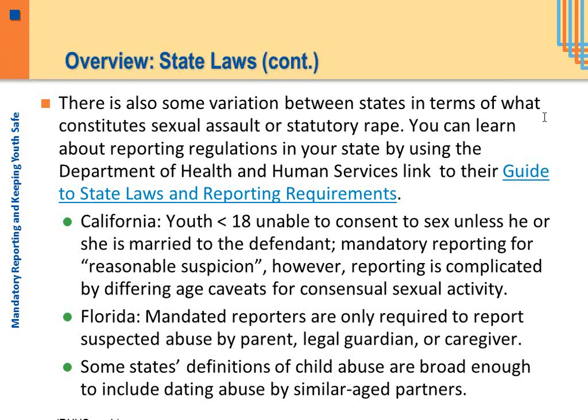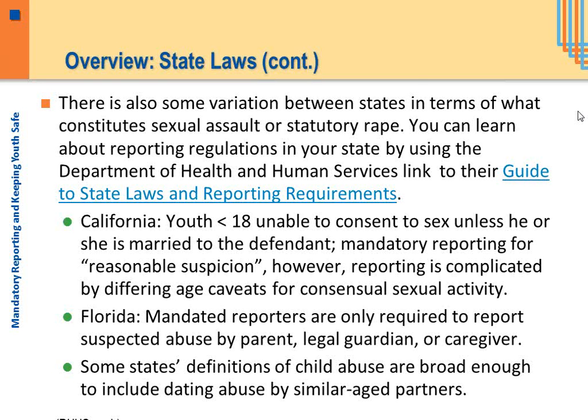Here we note that you must report if there's reasonable suspicion. So you may not necessarily have direct knowledge, but you have reasonable suspicion. For Florida, mandated reporters are only required to report if the abuse or suspected abuse is occurring by a parent, a legal guardian, or caregiver. So it's not as broad.